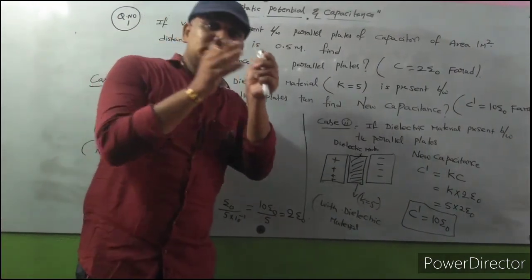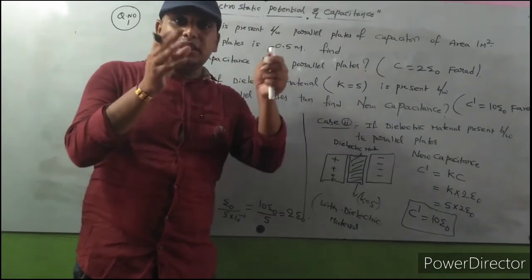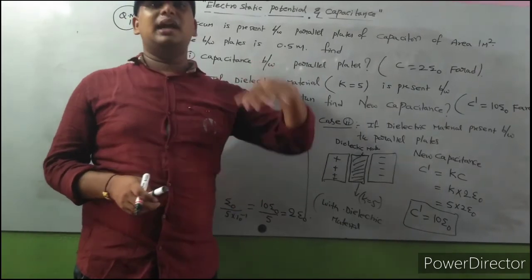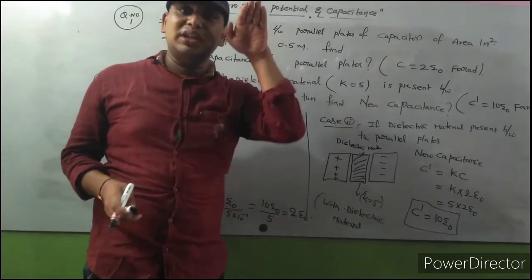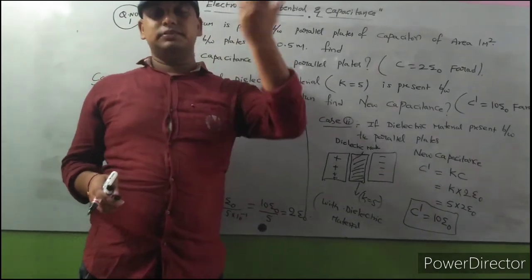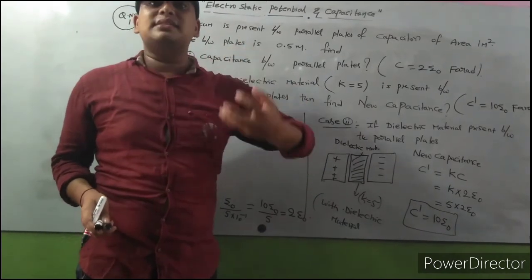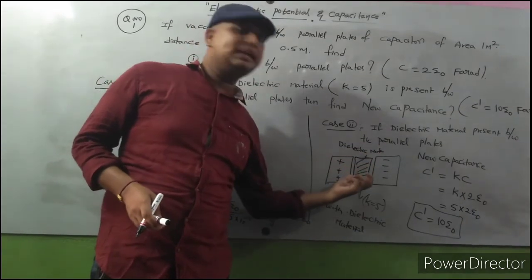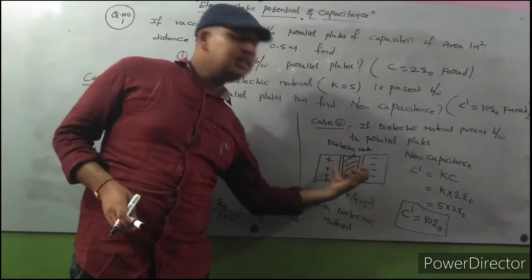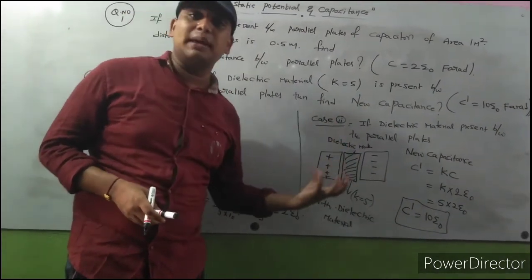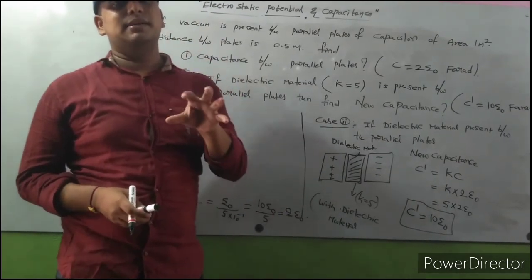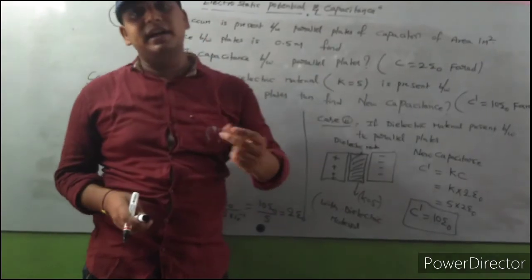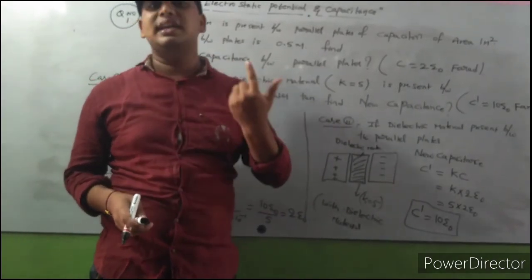Whenever we introduce a dielectric material between the plates, the capacitance increases, the electric field decreases, and the potential decreases. For that purpose, we introduce a dielectric material between the plates of a parallel plate capacitor.